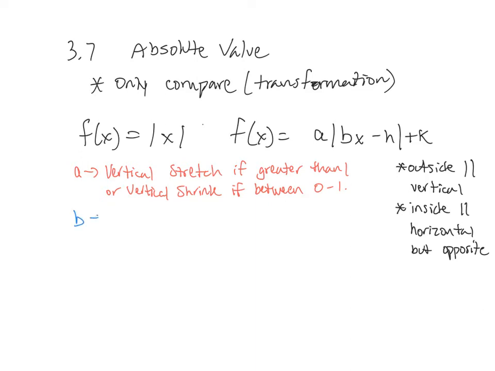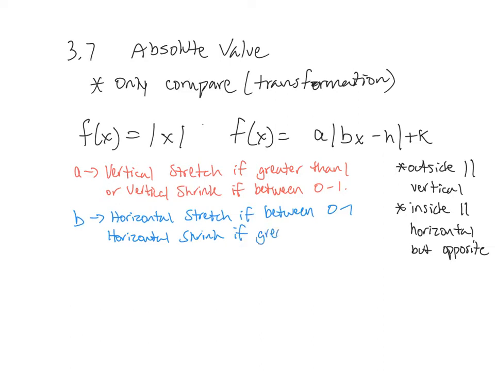Okay, the B, so if there's a 2x or a 1/2 x or something like that, it's going to be a horizontal stretch if between 0 and 1, and it'll be a horizontal shrink if greater than 1.